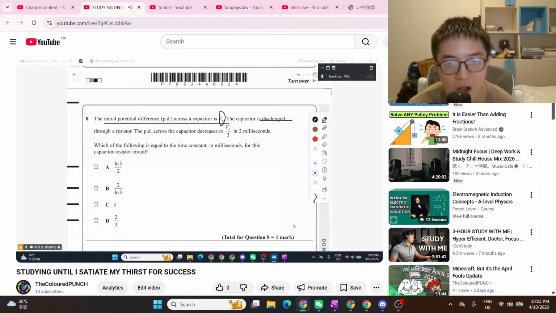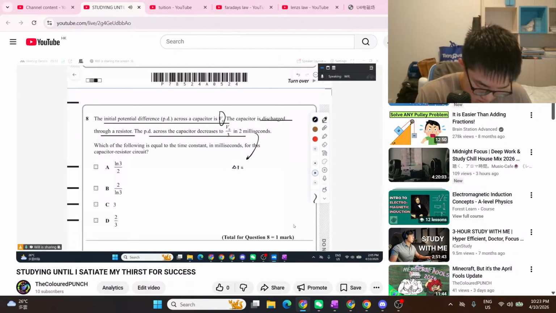Now the capacitor is discharged through the resistor. So in the process that we are discharging, right? Discharging the energy, which means the capacitor will release the electrical energy. And the potential difference across the capacitor decreases in 2 milliseconds. So we got the time interval, right? Understand that?